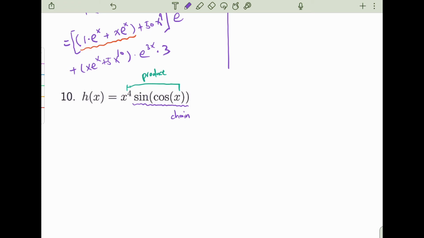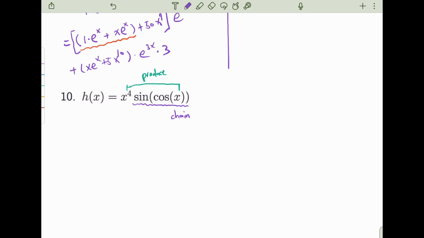So firstly, we will need to view this sine something, this gigantic expression, as a whole thing. And this whole thing is multiplying with x to the 4, right? And because of that, we need to use the product rule.